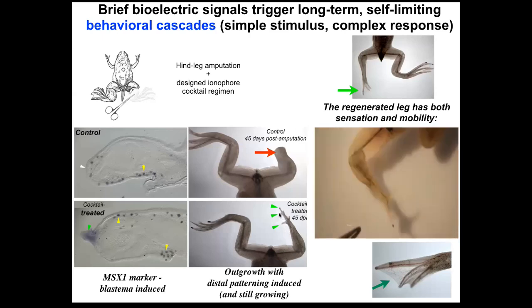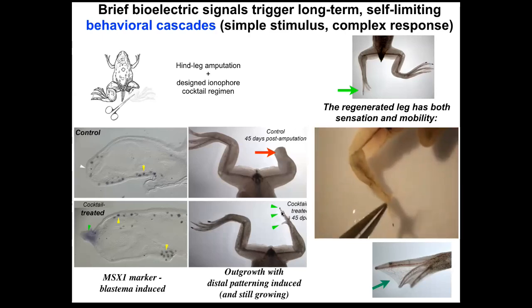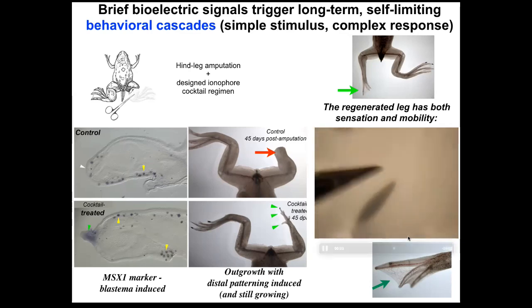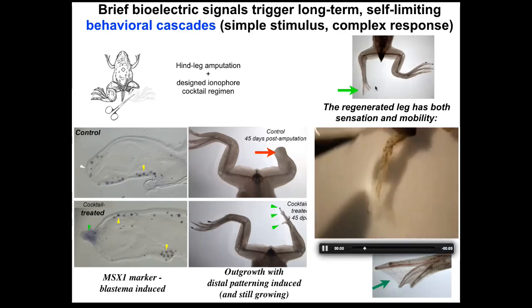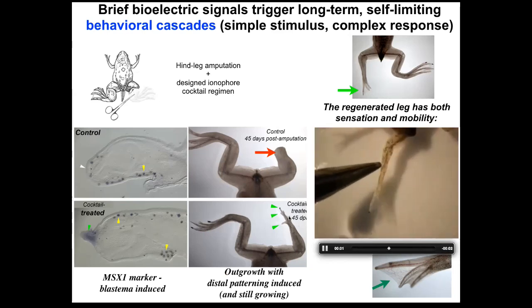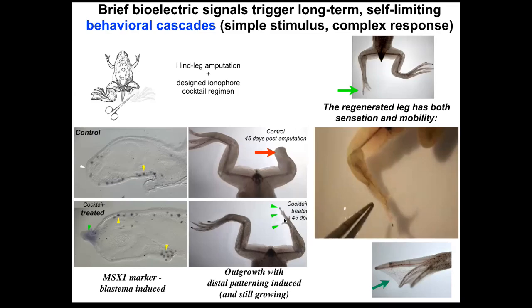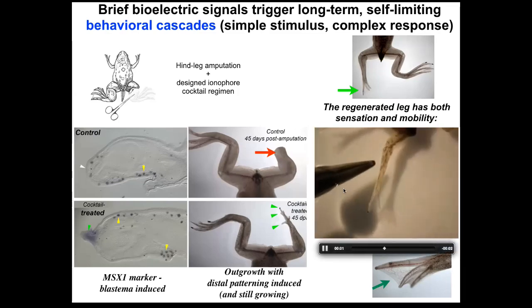Amazingly, the path that the leg takes to regeneration is not the normal path by which frog legs form. It's quite different, but it gets to the same endpoint, because eventually you get a very respectable leg that is touch sensitive and motile. But like many problem-solving systems, it doesn't necessarily follow the same path that it did before. It finds a new path to get to where it's going.